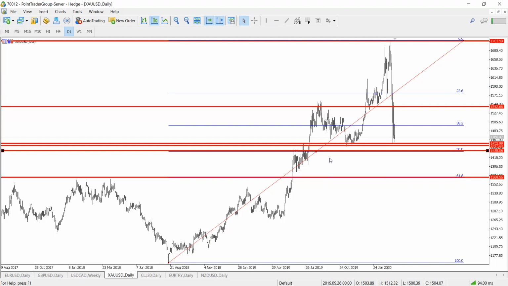This is going to be our very first target in case the level of 1435 is broken, and also in case the pair forms this head and shoulders pattern. This is going to be very bad. So let's see what's going to happen.